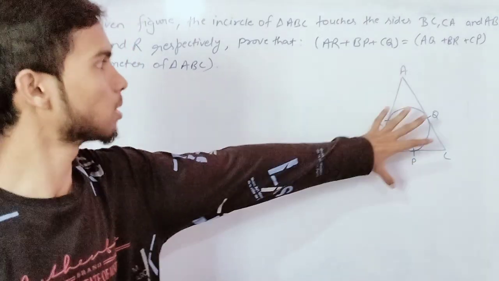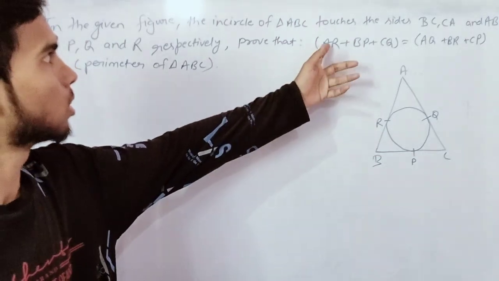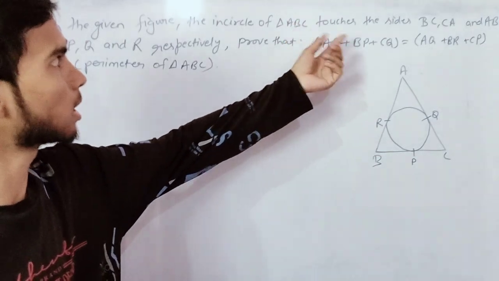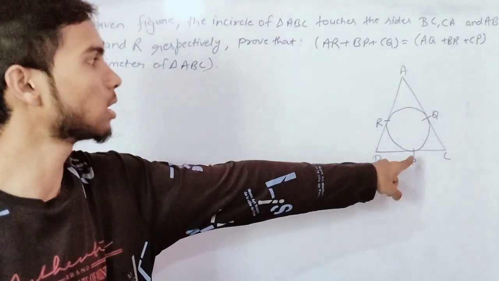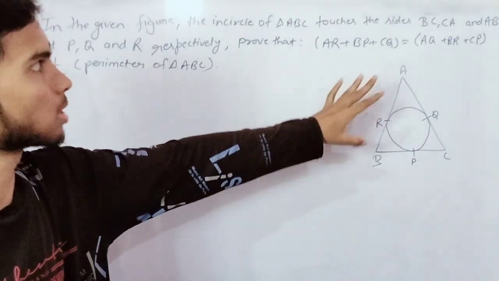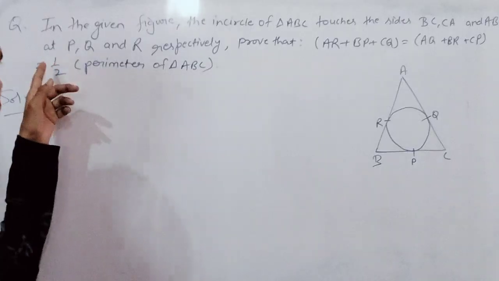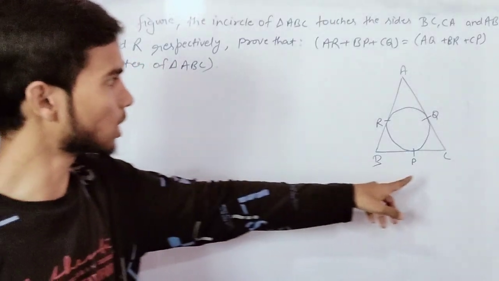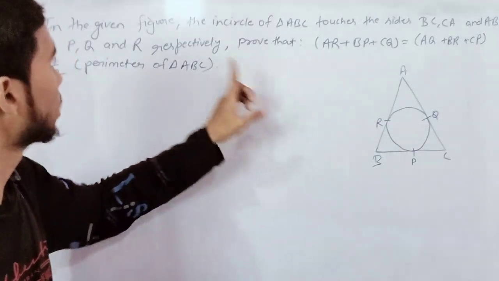This triangle touches the sides BC, CA and AB at P, Q, R respectively.